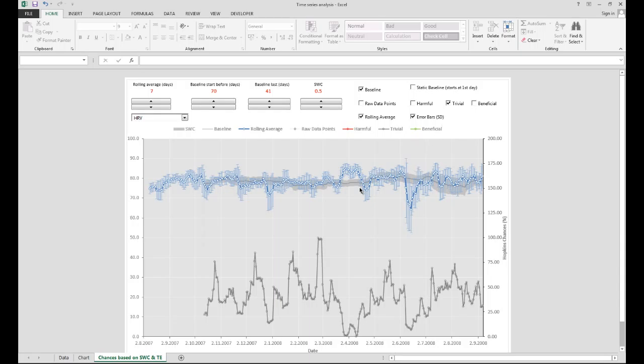If you visualize it, you can see a couple of data points over here. They have very small standard deviation, or in this case typical error, and the chance is almost 100%. So this is a trivial effect, because it's inside of the baseline.